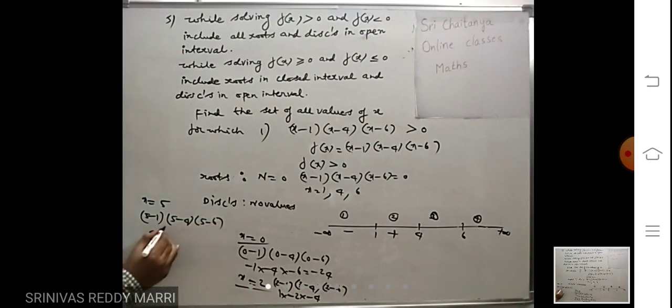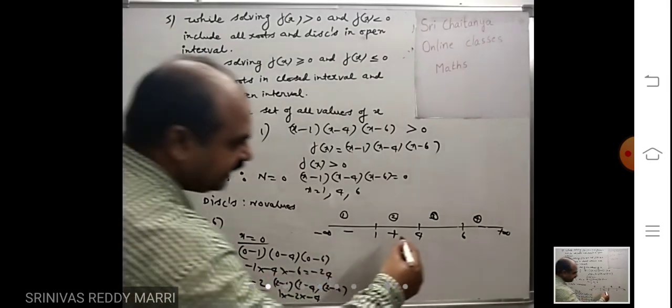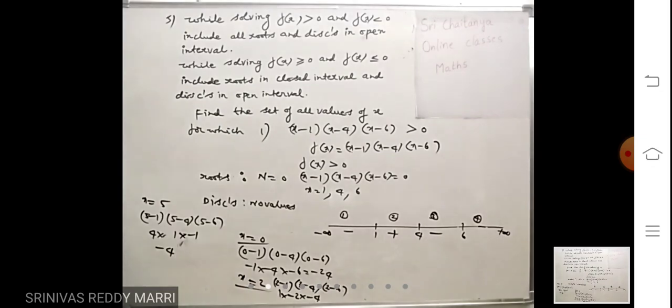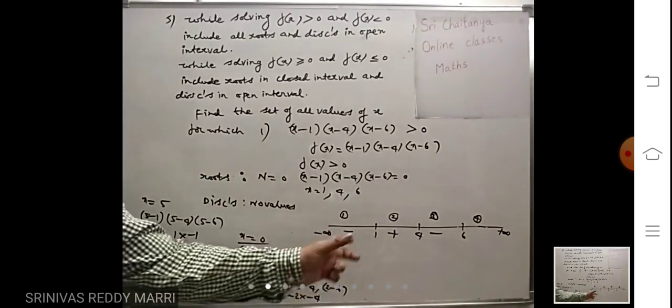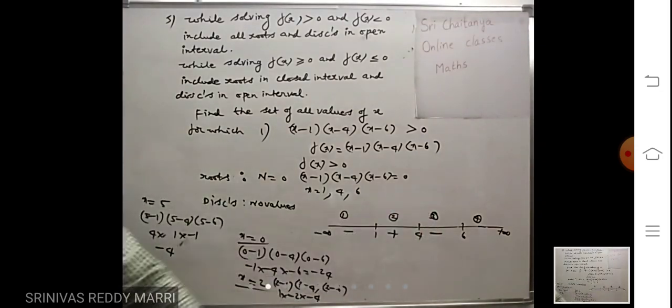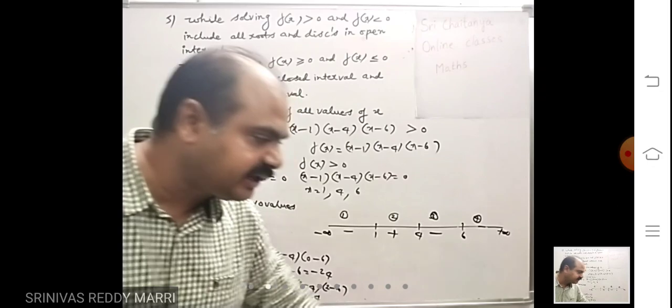So 4 into 1 into minus 1 gives minus 4. This is negative, so write the negative sign. It is not necessary that you will get alternate signs; in some cases you get plus on both sides. For the time being, just substitute. So this interval is over.